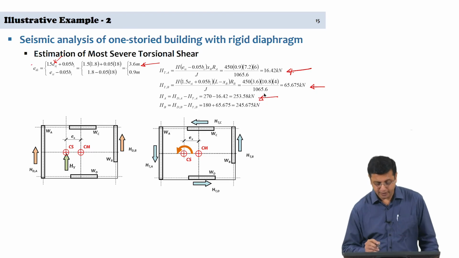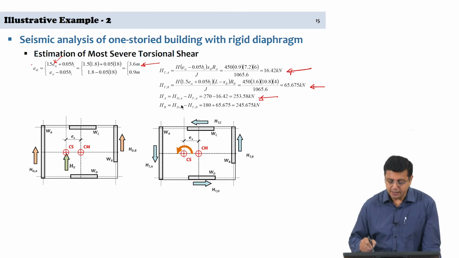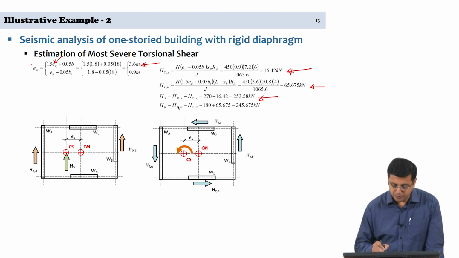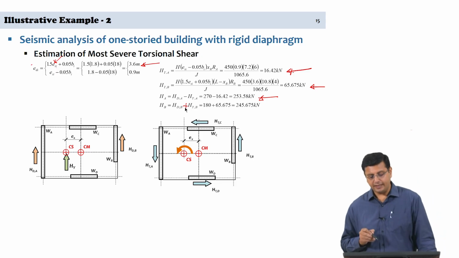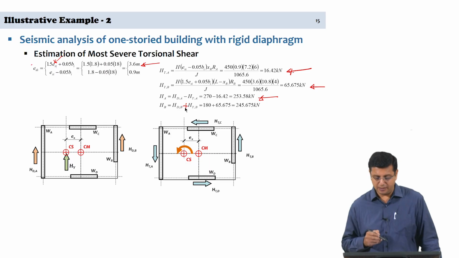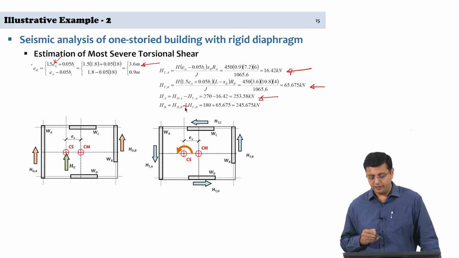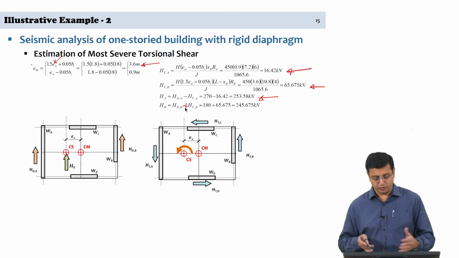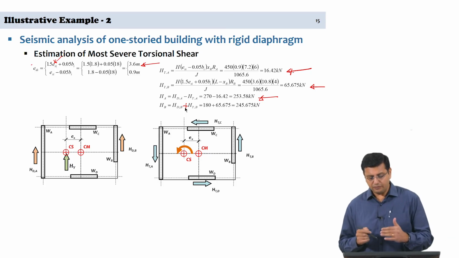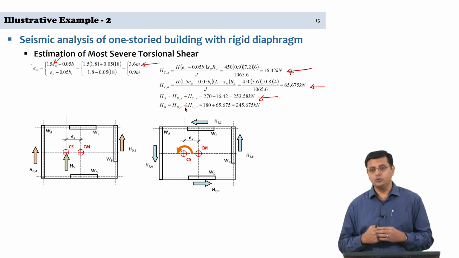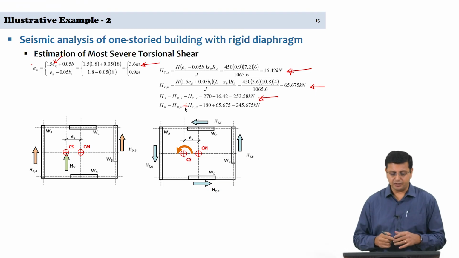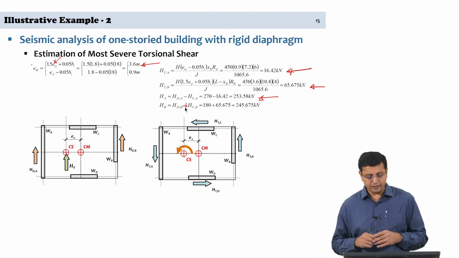In the second expression, HB, the total shear force to wall B, is HDB plus HTB, and that is 180 plus the value we have estimated now, 65.675, which is 245.675 kilonewtons. So, you see that to err on the conservative side, we have used the worst case situation for both wall A and wall B and estimated the total shear force.